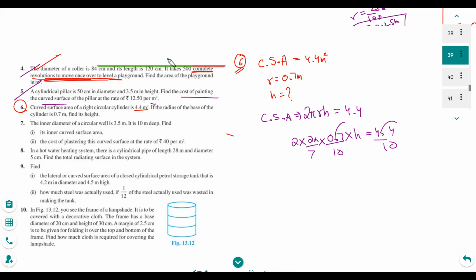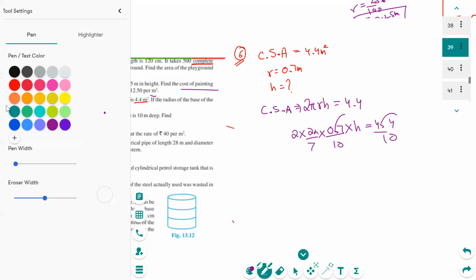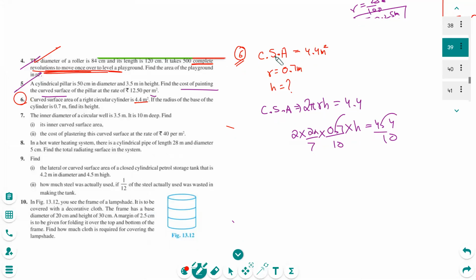Nobody understood? It's okay, I will do it. H equals 44 upon 10. Yes. Okay, so I will do it. And that's really sad that only one student is able to make it to the answer.